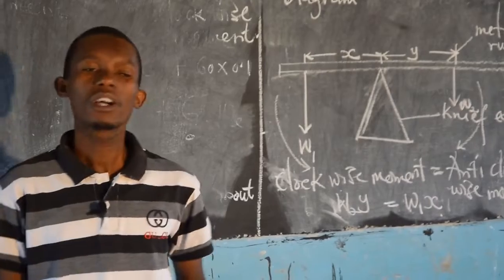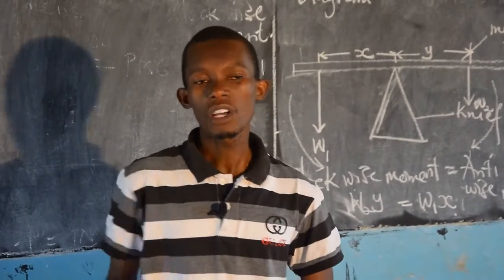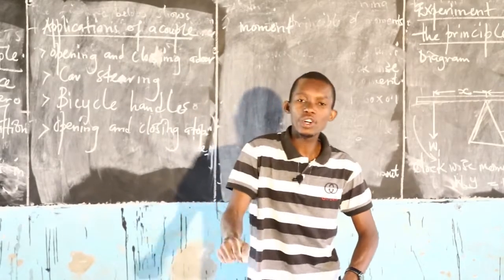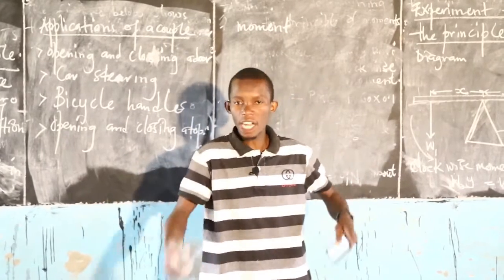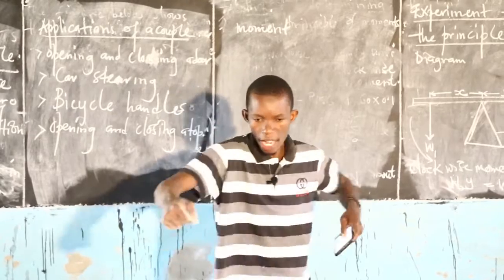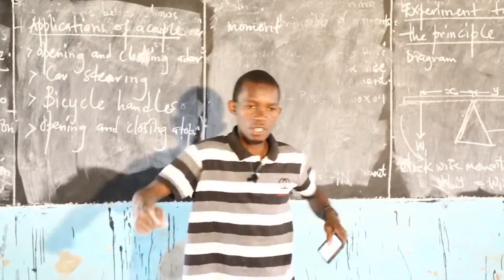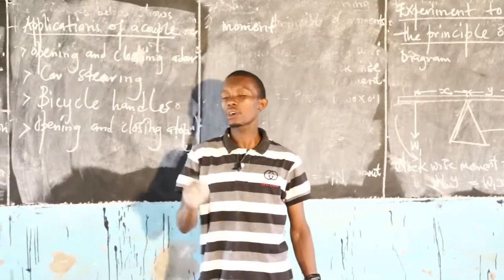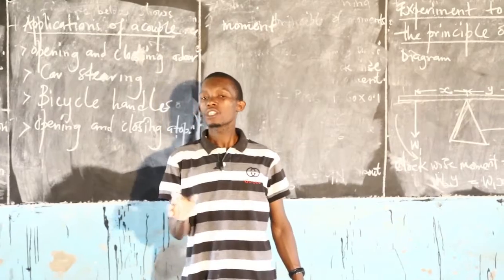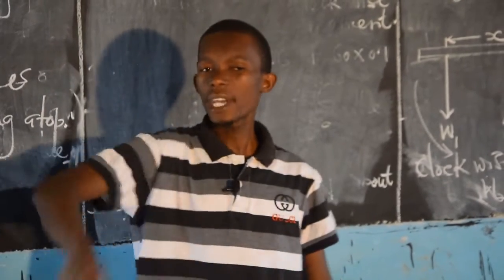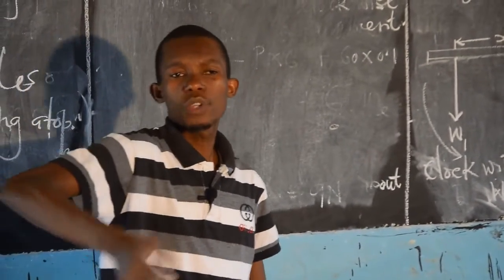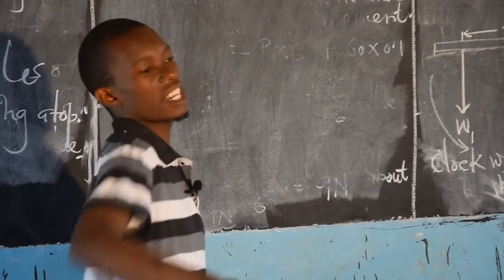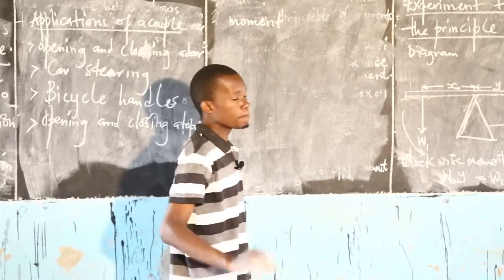That's one of the examples of a couple. There is also the bicycle handle. You move at the corner, you turn like this. That is one of the examples of a couple. We have also opening and closing a tap. You have very many taps at home. You try to open, you try to close. There is a rotation effect.